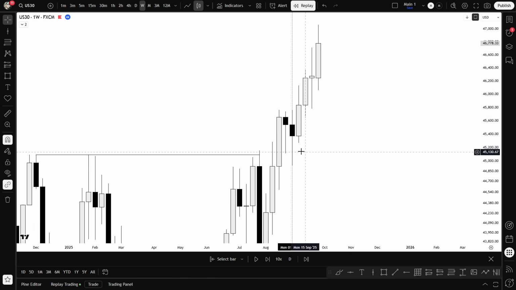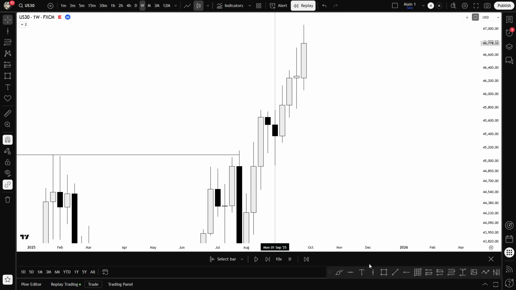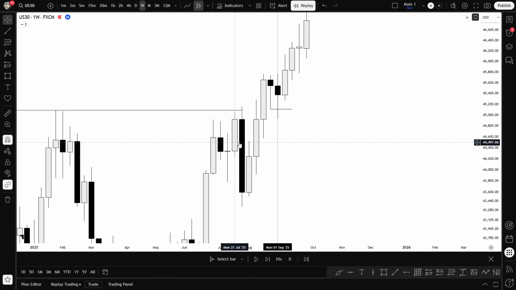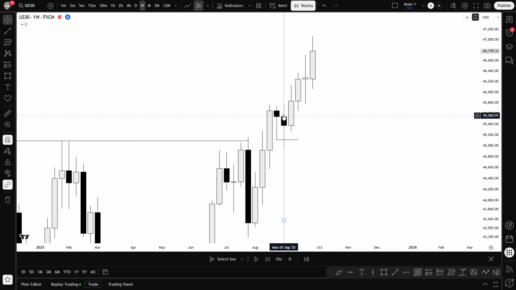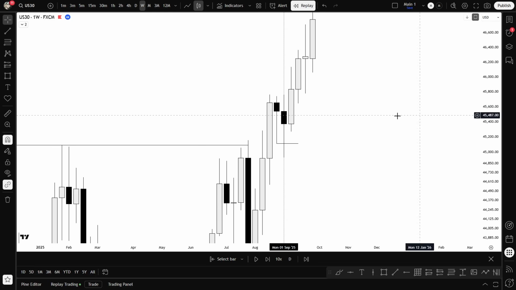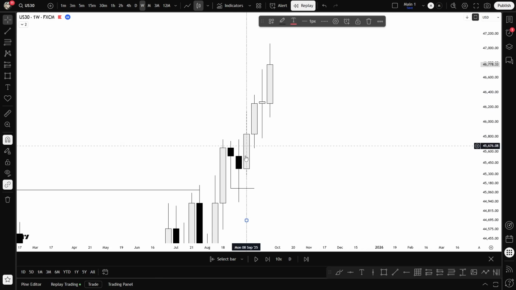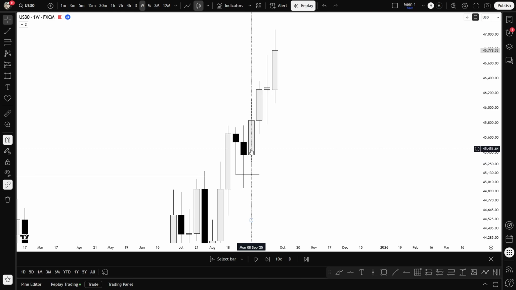If you can see, week 1 manipulates into this down-close candle, a key level manipulation. Then what do you expect from week 2 and week 3? Expansion. So this is a really high probability bullish week.